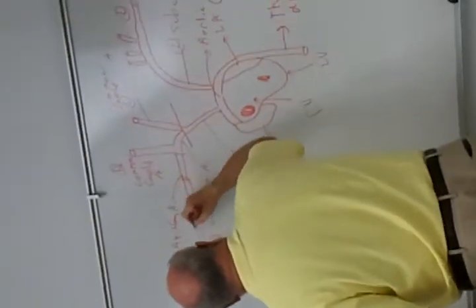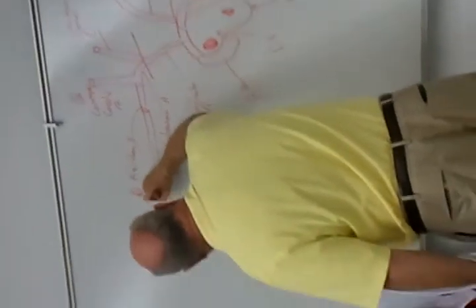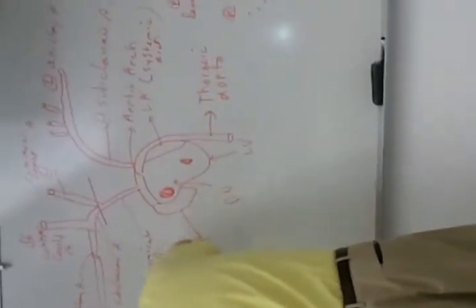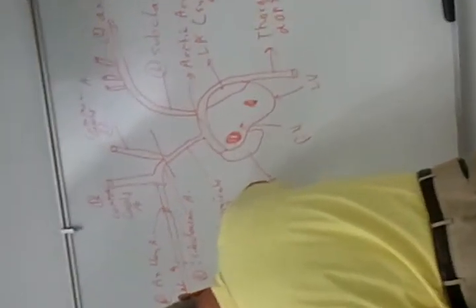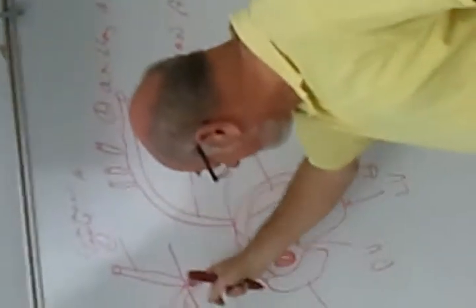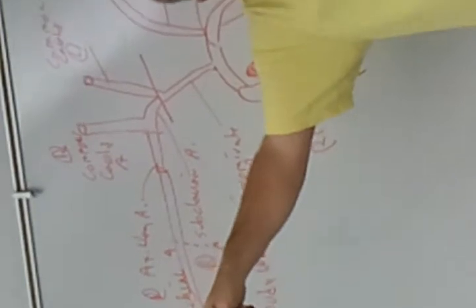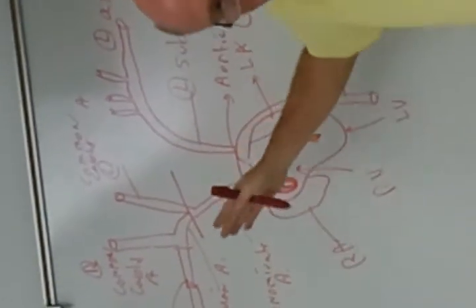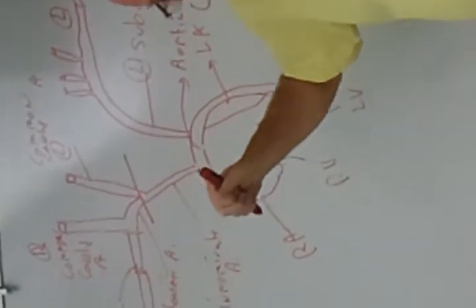But once it gets outside the body, it becomes the brachial artery, the right brachial artery. Once that same artery emerges from the body, from the chest cavity, brachial artery. Okay. Good so far? You be with me?